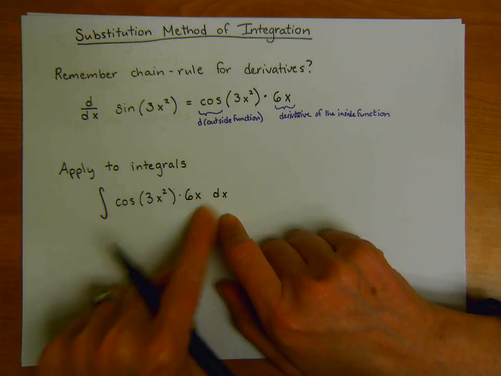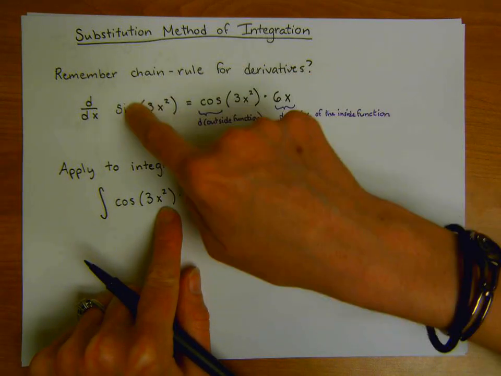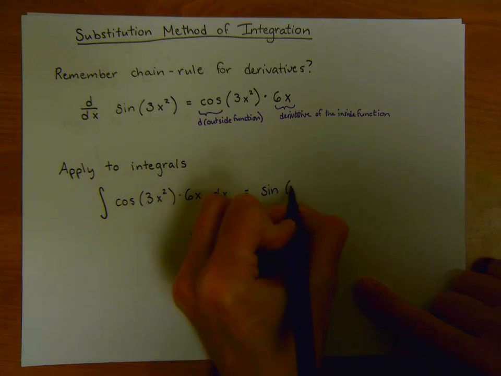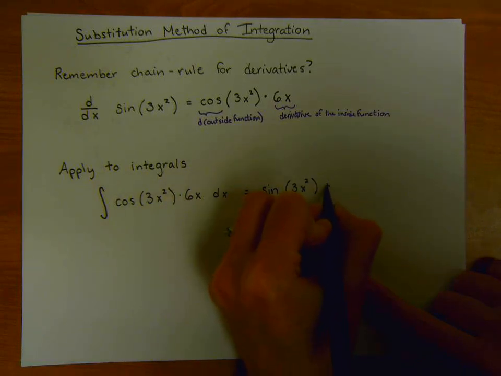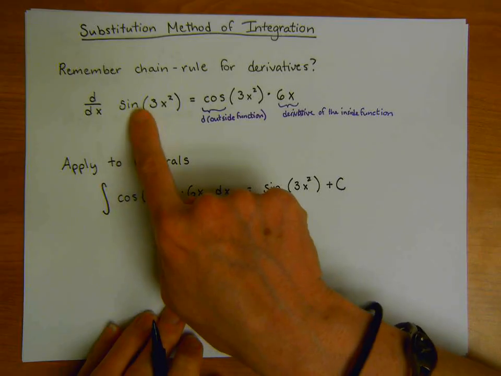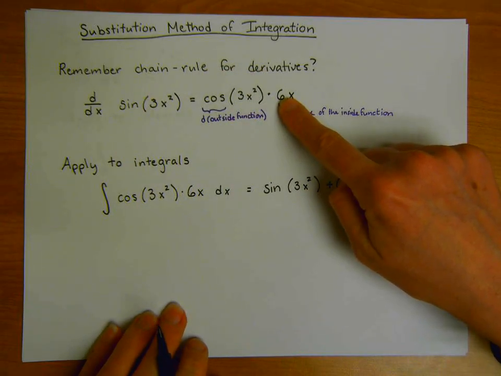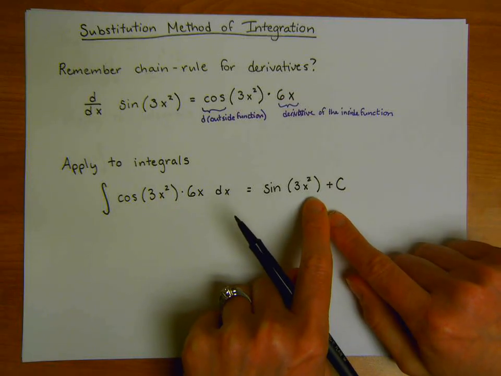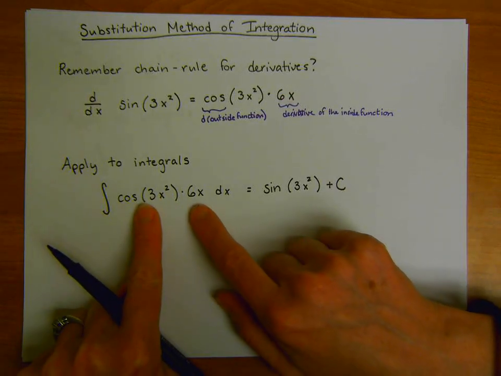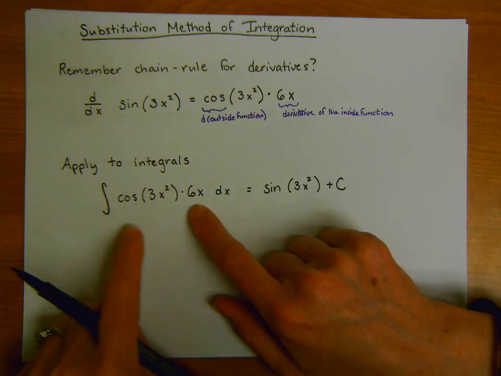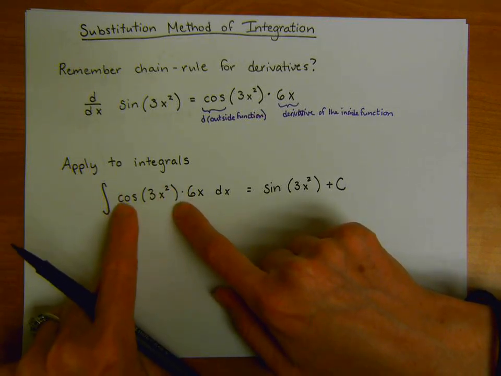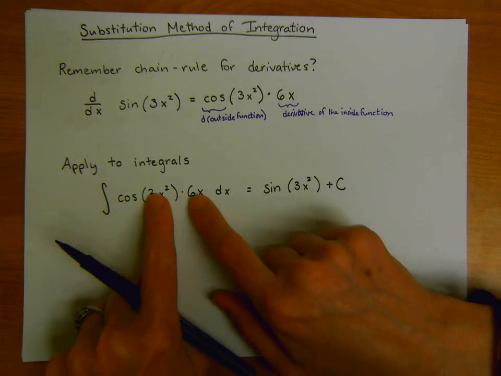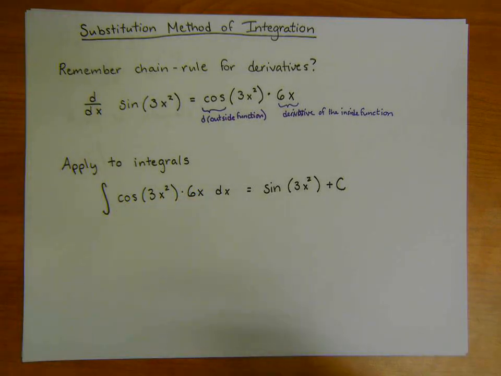My indefinite integral in this case is exactly going to be the sine of 3x squared plus c. That's because we just found what the derivative was up here, so going backwards, the antiderivative must be this. And notice each of these pieces are exactly what we want them to be. We have the composition of an outside function, and the derivative of the inside function is located there as well.